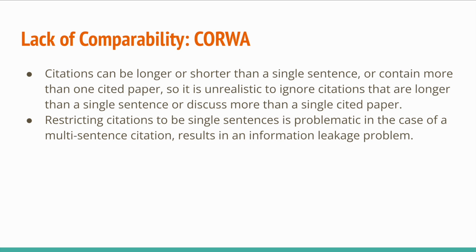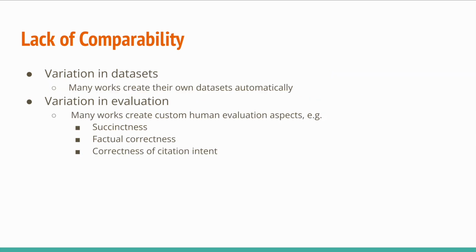Restricting citations to be single sentences is problematic in the case of a multi-sentence citation, resulting in an information leakage problem. The lack of comparability problem is reflected in the variation in datasets.